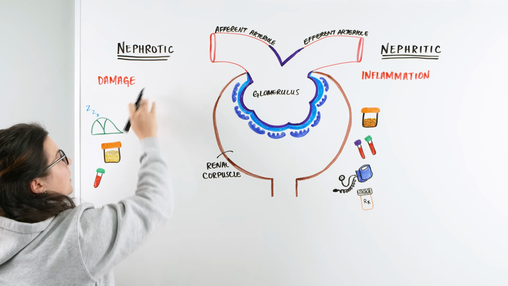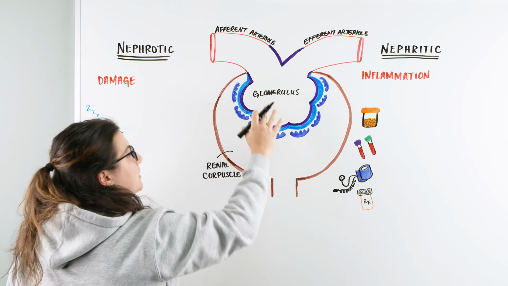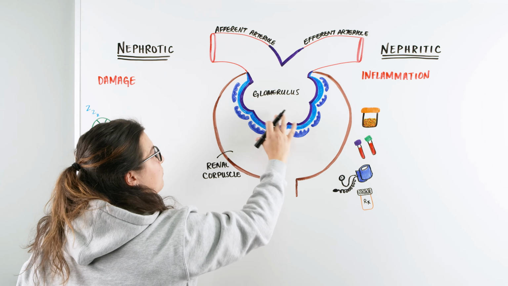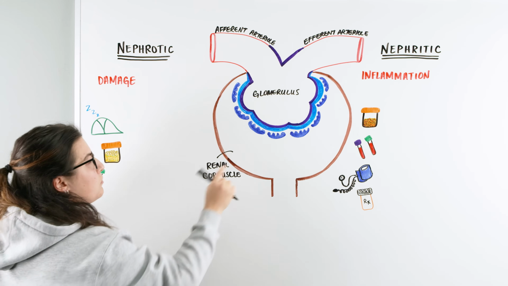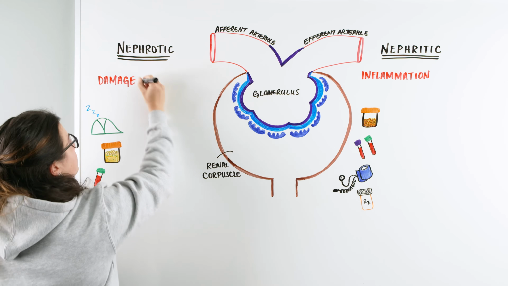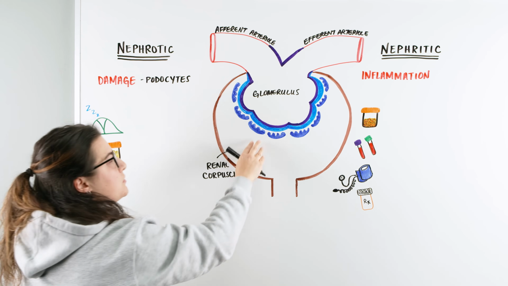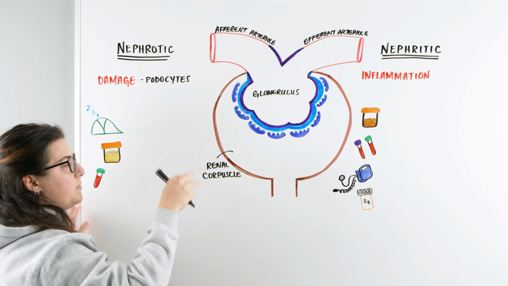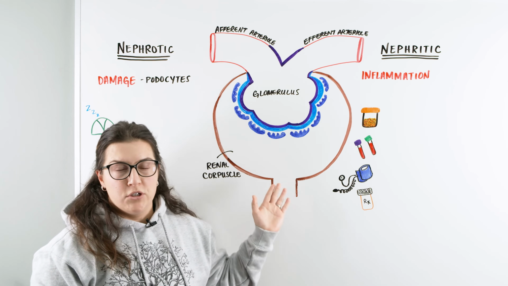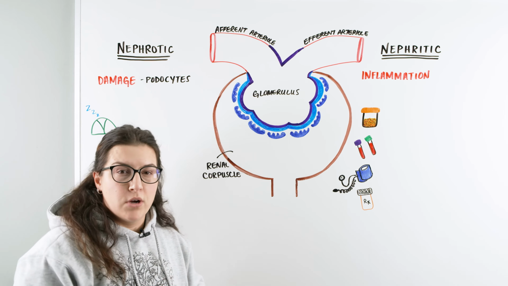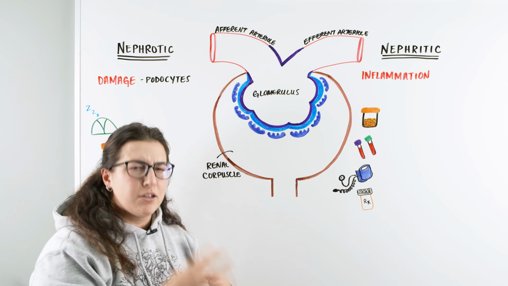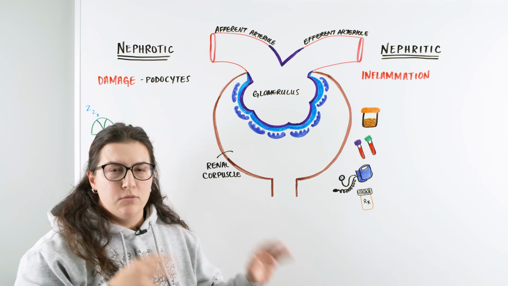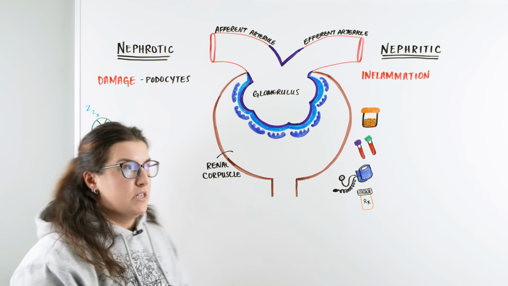So with nephrotic, we're basically talking about the barrier here, but if you're going minutely into the pathophysiology, we're mostly concerned about the podocytes. What happens here is we have some sort of damage to the podocytes, and our glomerular filtration membrane is trying to keep red blood cells and proteins up in the body, allowing our electrolytes, nutrients, toxins, and wastes, and anything that we don't need to get filtered out into our urine.